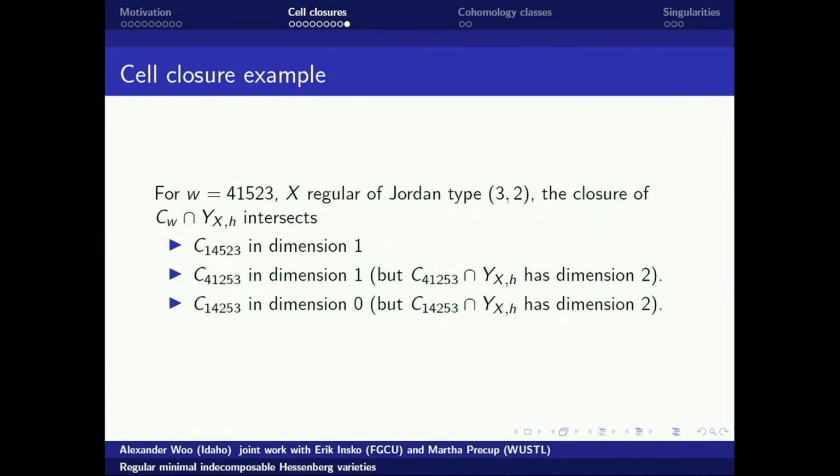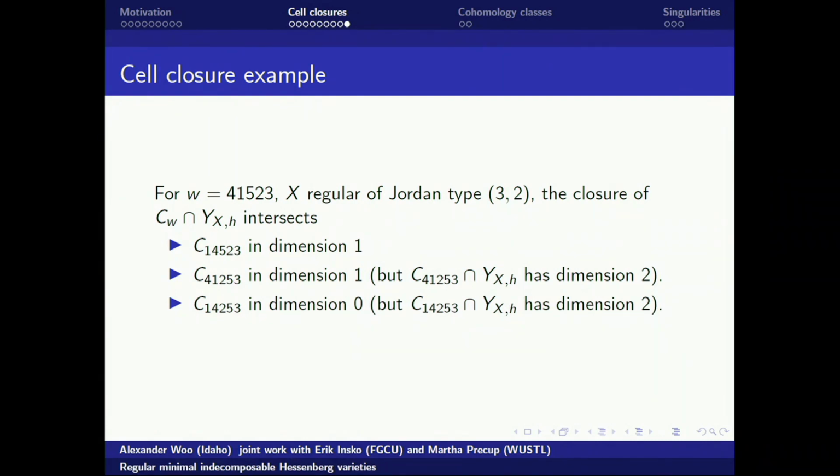Okay, here's the same example, 4, 1, 5, 2, 3. X is regular of Jordan type 3, 2. Now you can think about what all the things in its closure are. So you can swap the 1 and the 4, you can swap the 5 and the 2, or you can swap both. You swap the 1 and the 4, you get something of dimension 1. This is entirely inside here. You didn't produce any extra descents.